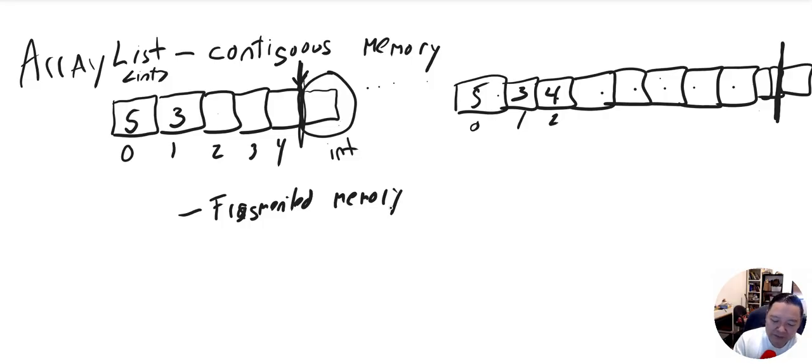So fragmented memory is the opposite of this, meaning that the items in the data structure are not next to each other. An example of that is, if you've taken C++ and borne that pain, you've learned about a data structure called a linked list. Now, a linked list is not contiguous.